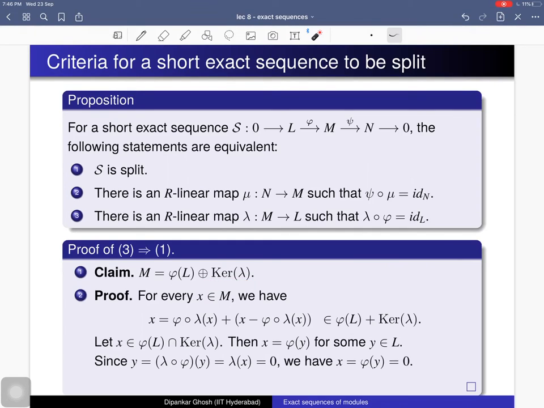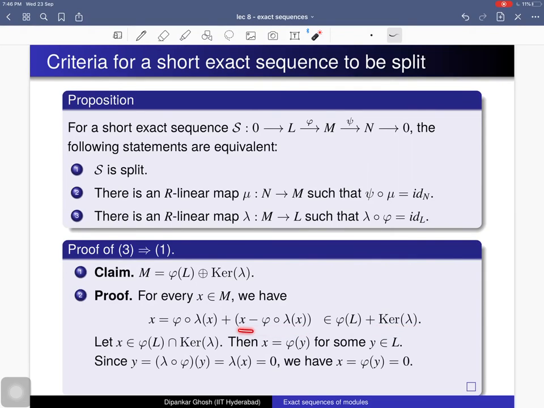So, again you start with an element of M, and write your x, you just add and subtract these things. So, then x you can write in this manner. So, this thing you can see is an element in the image of phi. Okay. Next, we should prove that this is an element in the kernel of lambda. Okay.